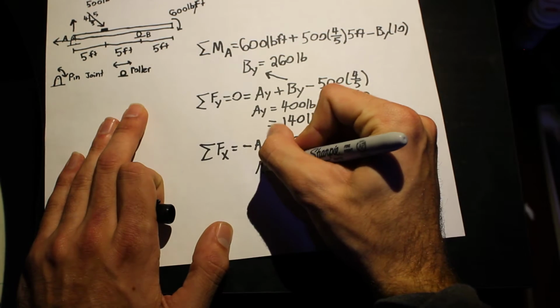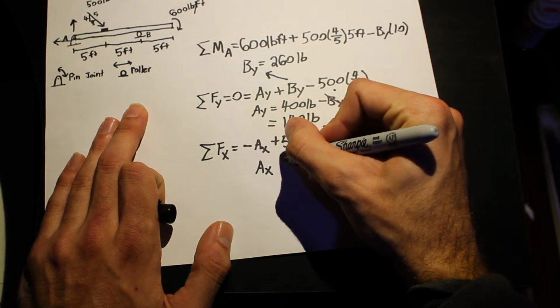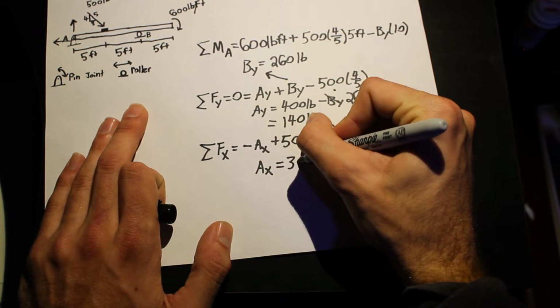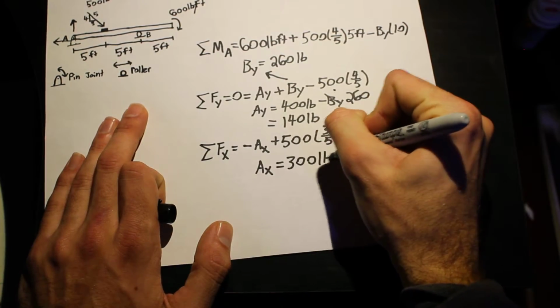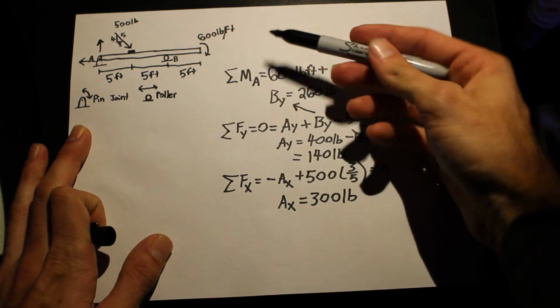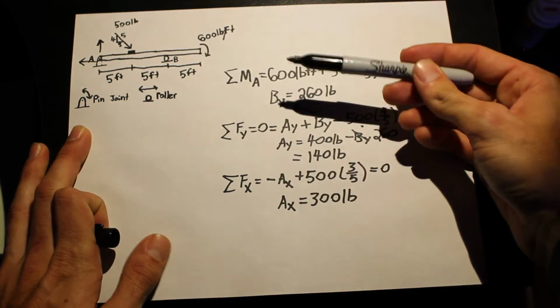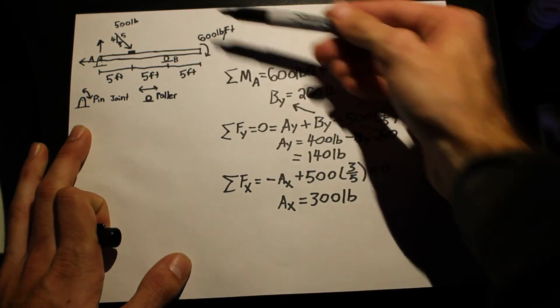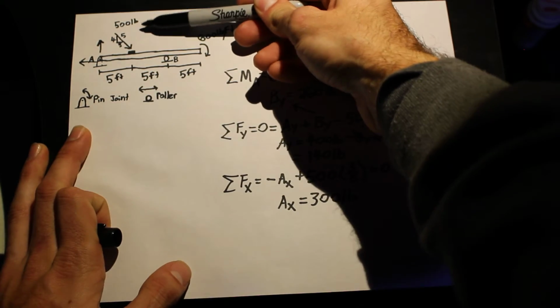So Ax is equal to 300 pounds. So we found the forces at A and the forces at B using the moment and the force we have right here.